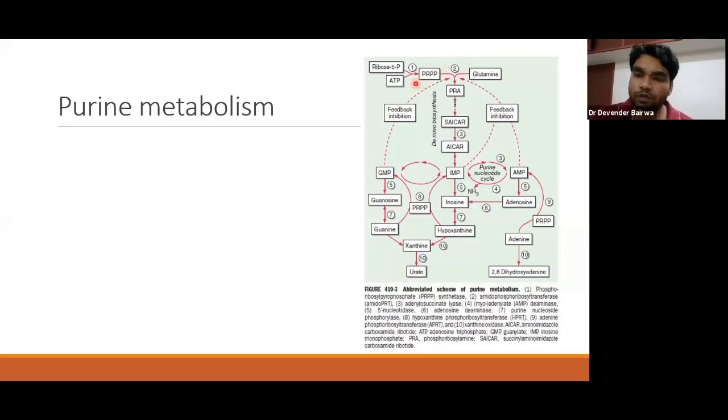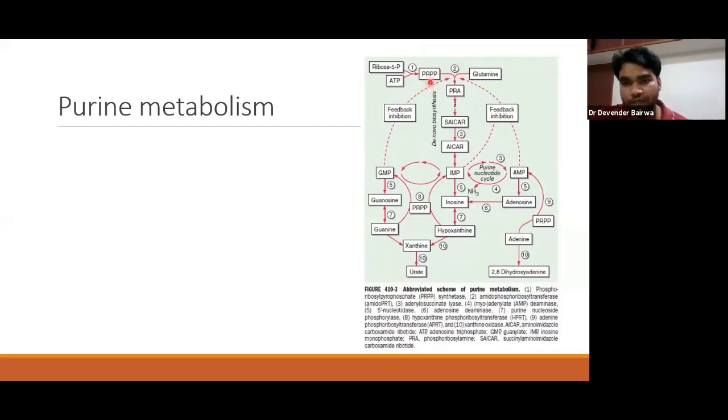So in case of PRPP synthase overactivity, more PRPP is available, and that leads to formation of more urate in the end. This is how PRPP synthase overactivity is associated with gout.